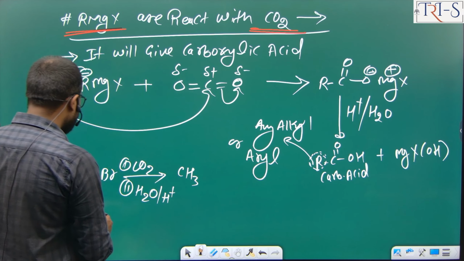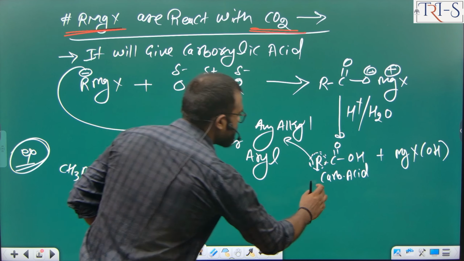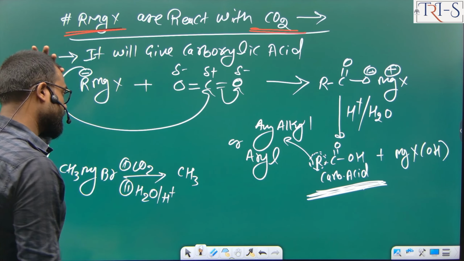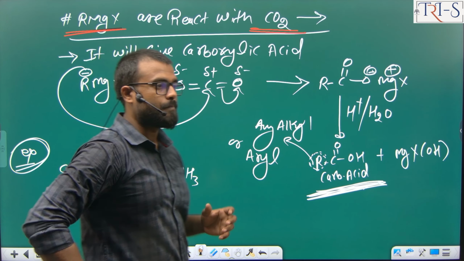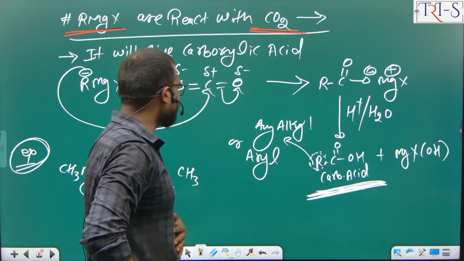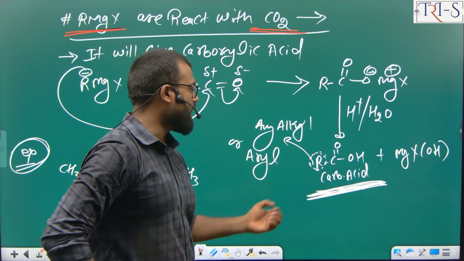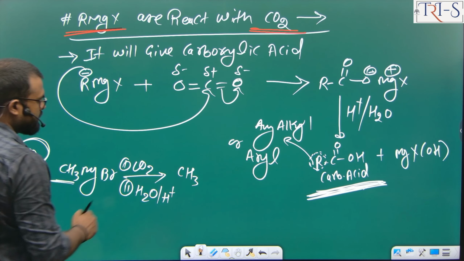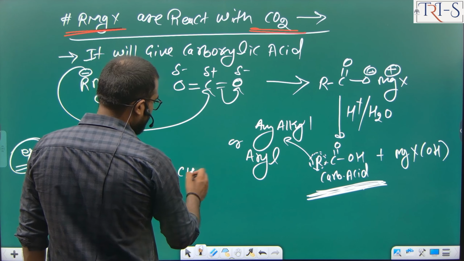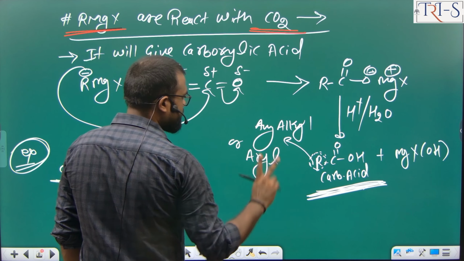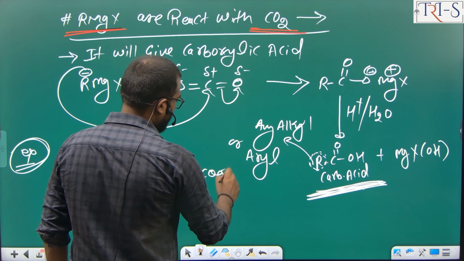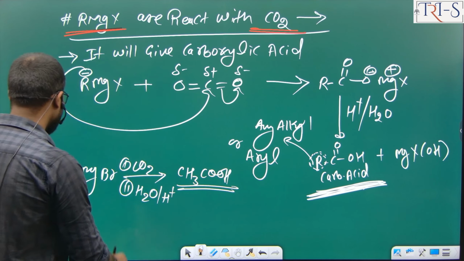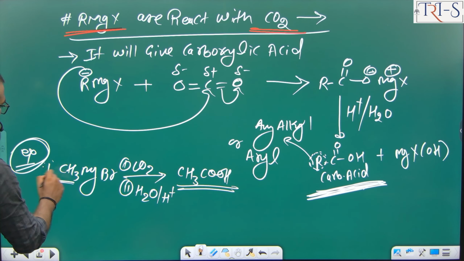So the carboxylic acid will have a total number of carbons equal to those contained in the Grignard reagent plus one from carbon dioxide. So here one carbon is present in the Grignard reagent and one in carbon dioxide. So it will give a carboxylic acid of 2 carbons, that is CH3COOH. Okay, this is the main product, and the remaining side product will also be obtained.